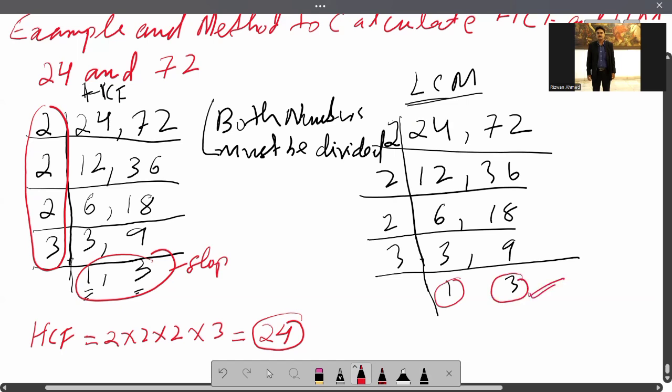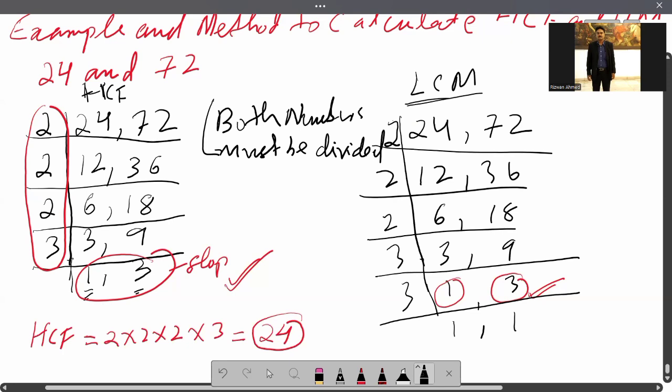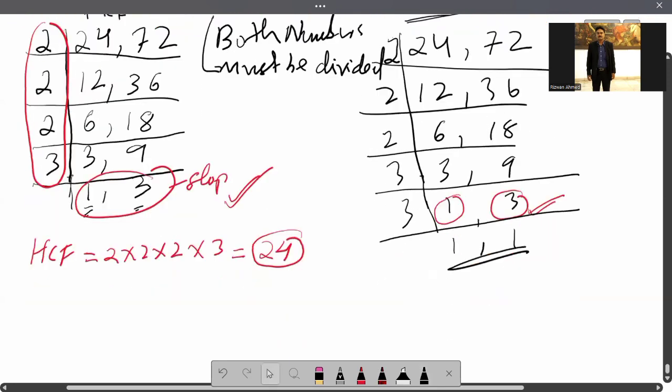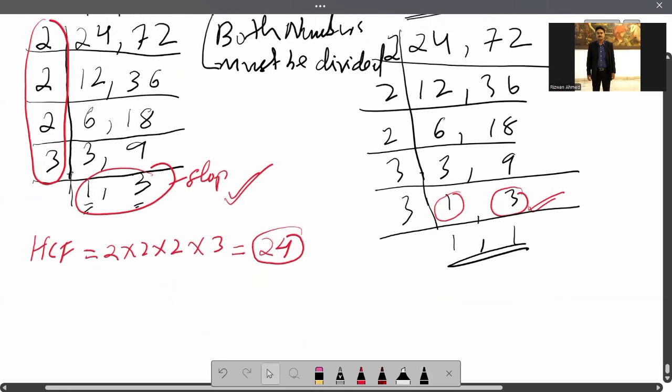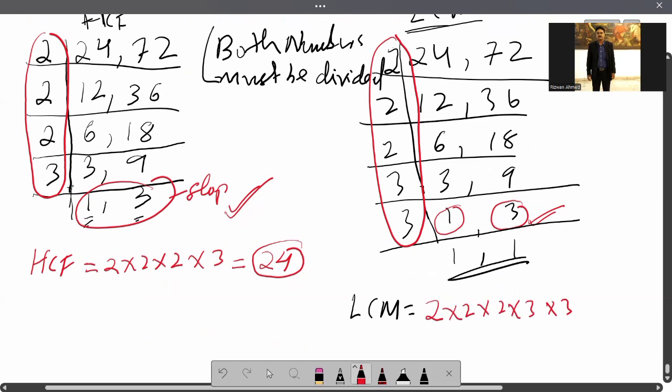So we stop here for HCF, but we continue dividing with 3 here. Then we will get 1, 1 here. Once you get 1, 1 here, that means your LCM will be these numbers: 2, 2, 2, 3.